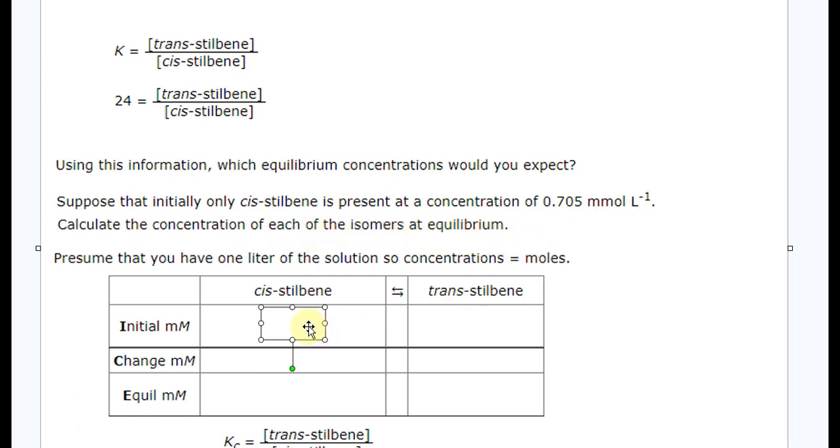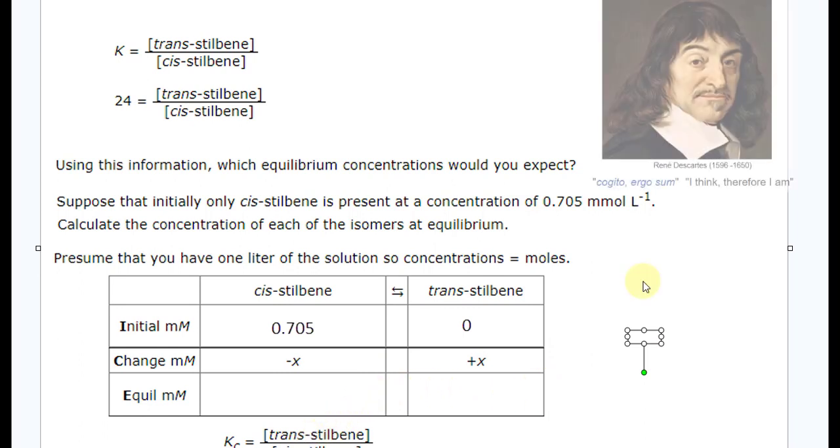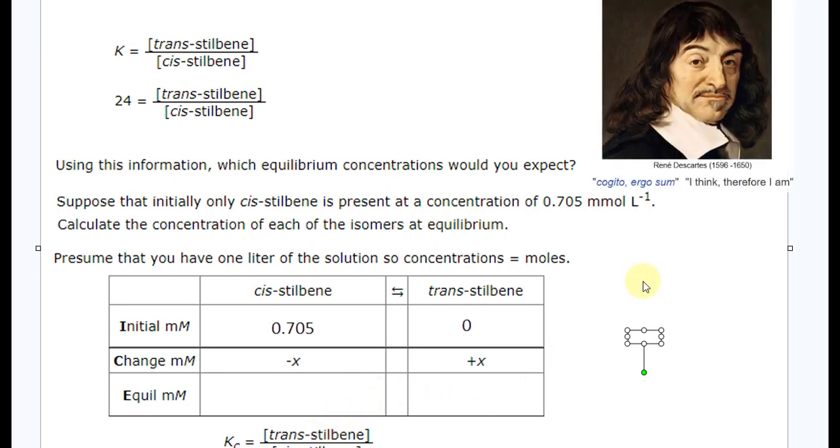Well, let's see. We start off initially, we love our ice charts, with 0.705 cis-stilbene. We've said that we don't have any trans, so we know this is going to be 0. And we know there's going to be some changes. The reaction is going to make some of this trans, and indeed, that's going to be the minus X. And we're going to take this cis minus X and convert it into trans plus X. Love that X. René Descartes popularized X and Y and Z for unknowns back 400 years ago.